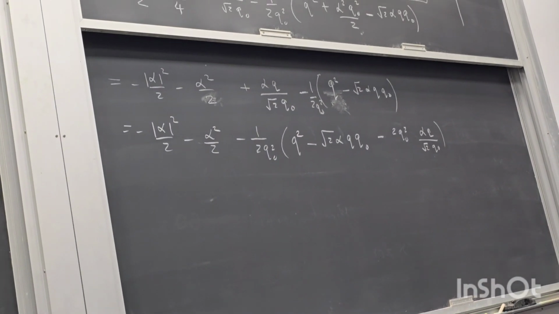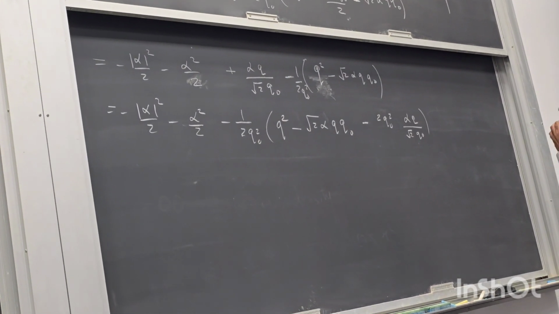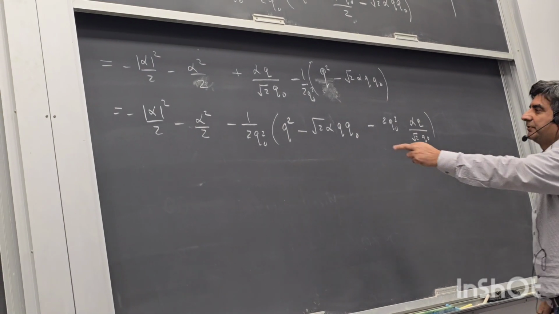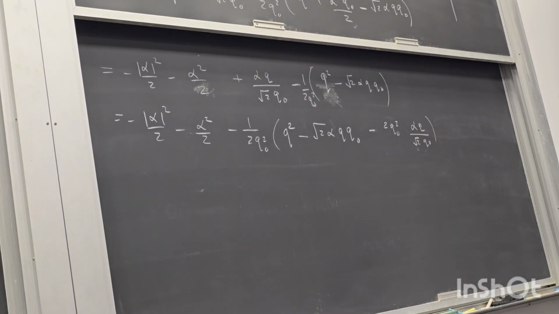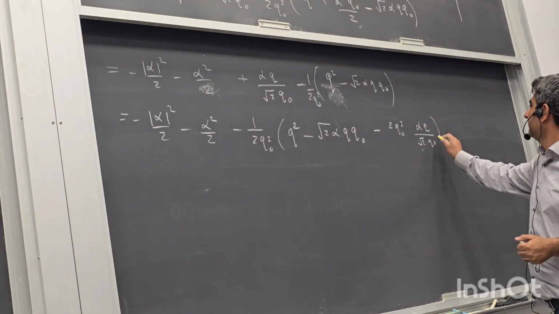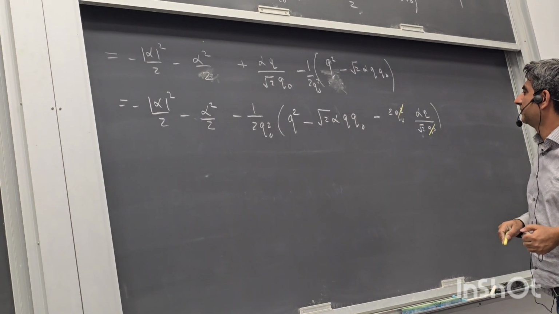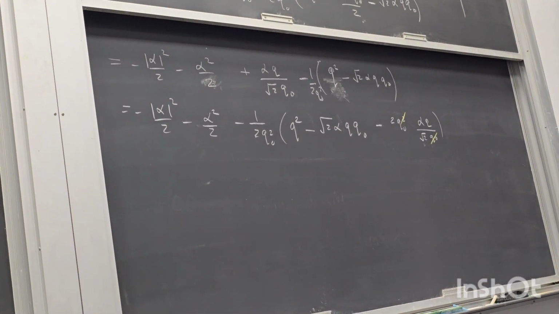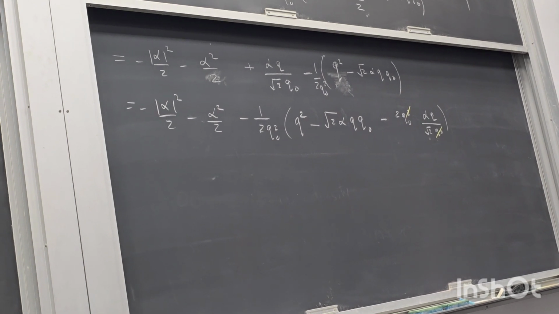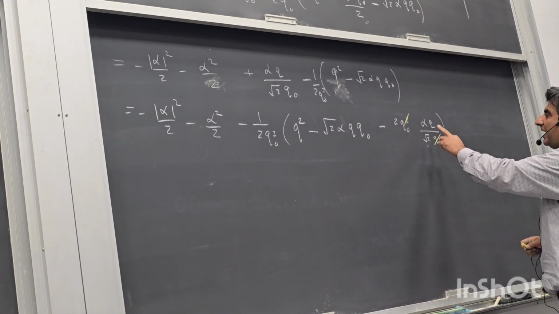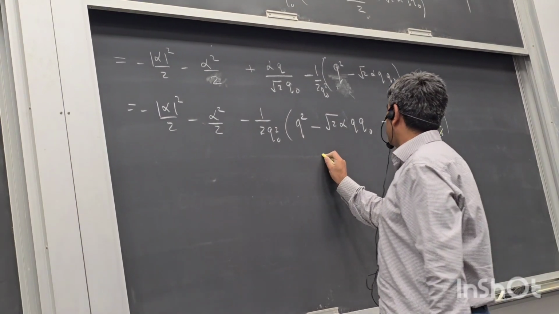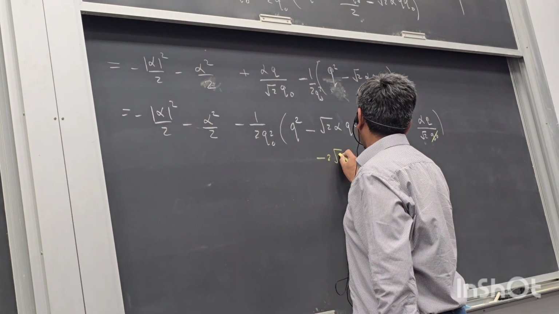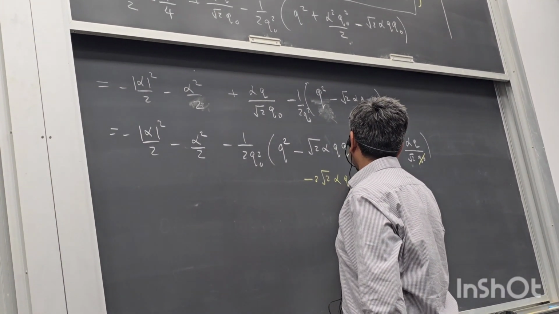Correct? So this term I just bring inside the brackets. Okay, so this means that the q naught goes away. So this becomes alpha q q naught square root 2. So this becomes minus 2 under root 2 alpha q q naught.